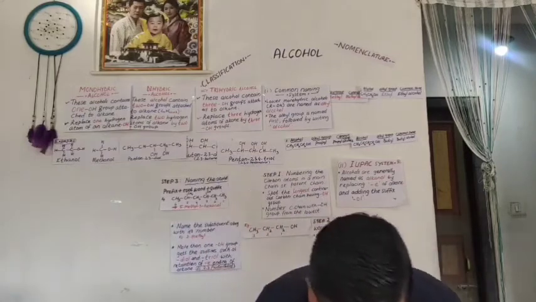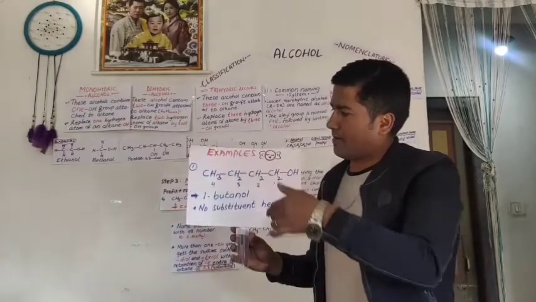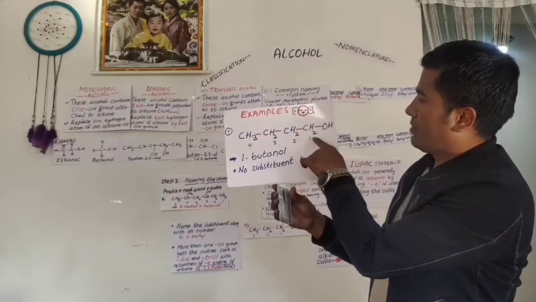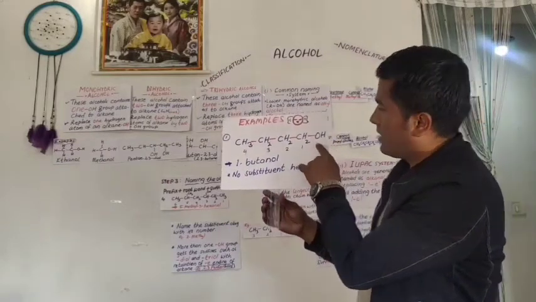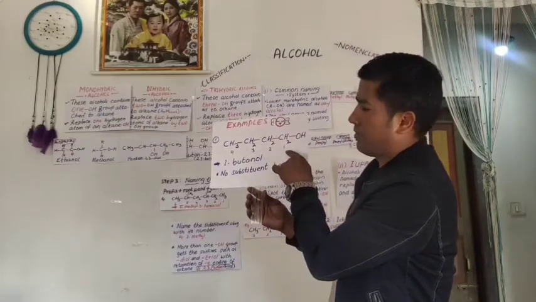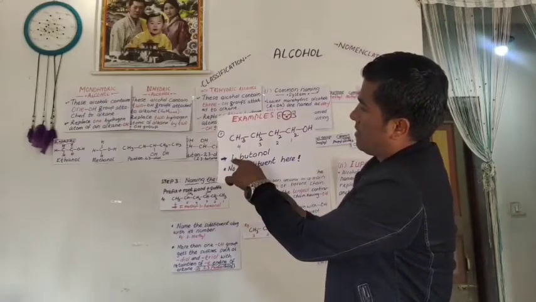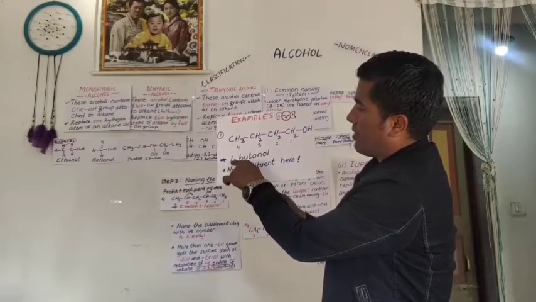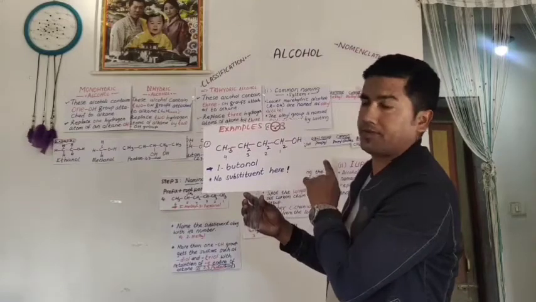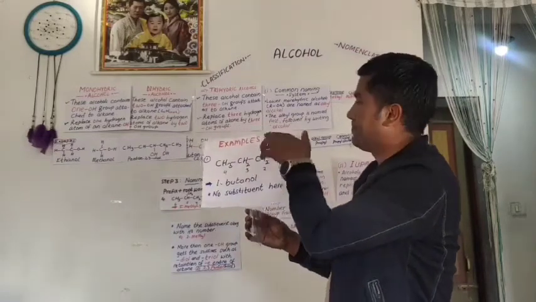Example 1: CH3, CH2, CH2, CH2, OH. Numbering is done from this side because the OH group gets the lowest number. We don't have any prefix here, so it is 1-butanol. There is no substituent here.